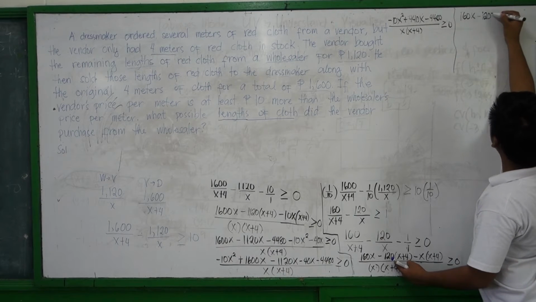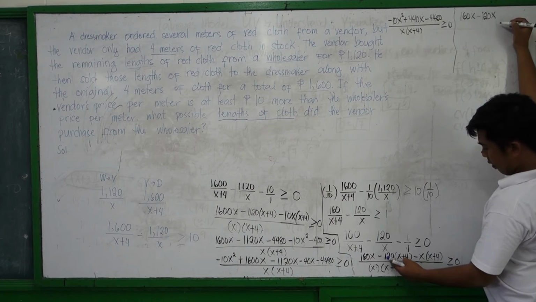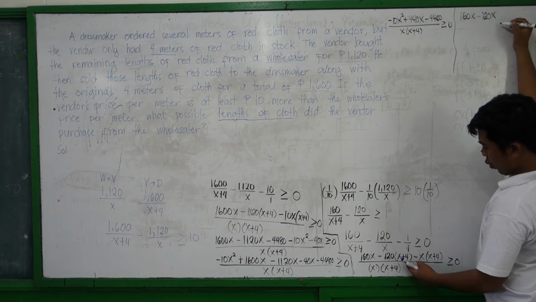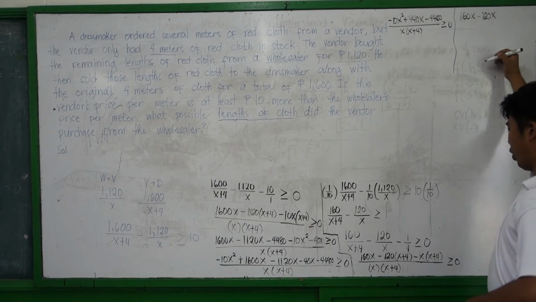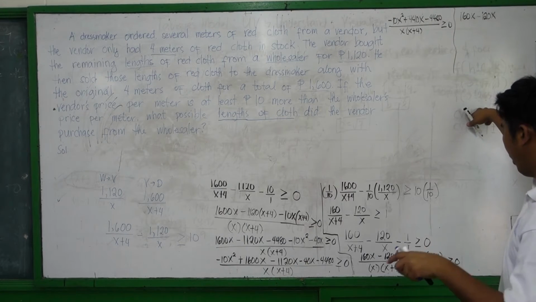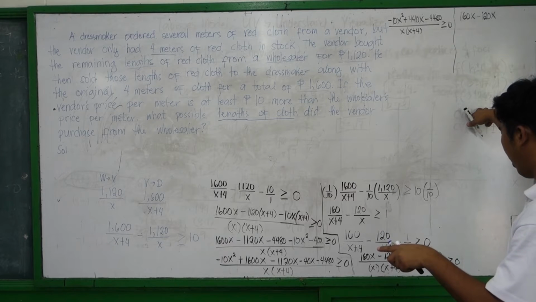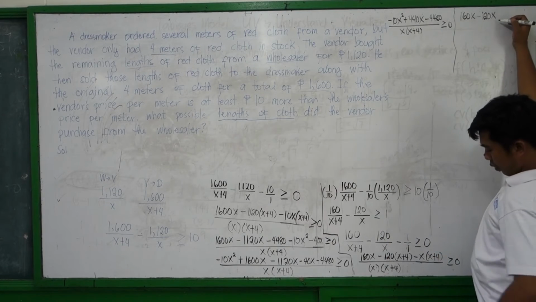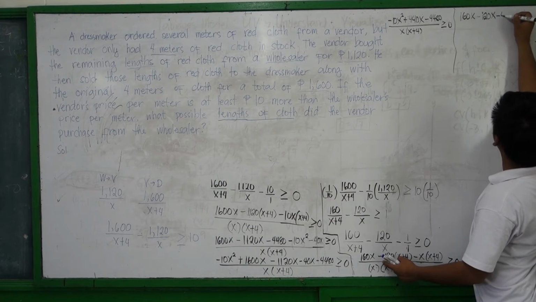120x minus 120 times 4, that is 480. 480 minus 480.